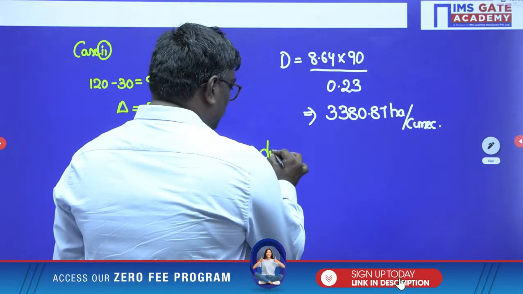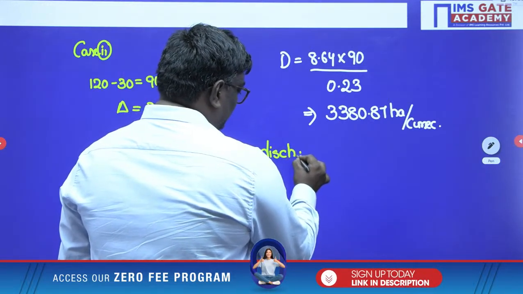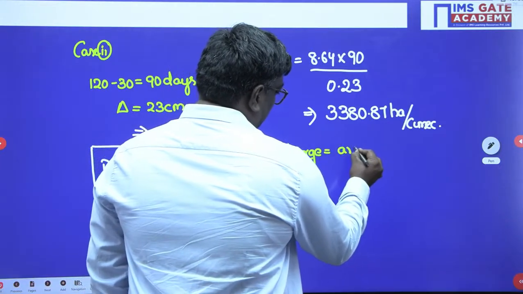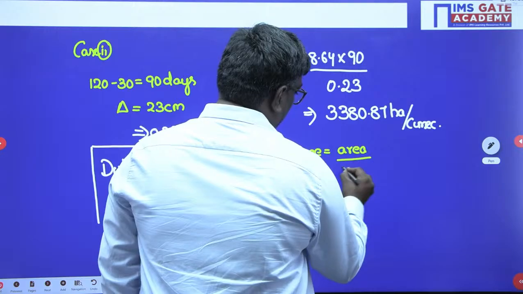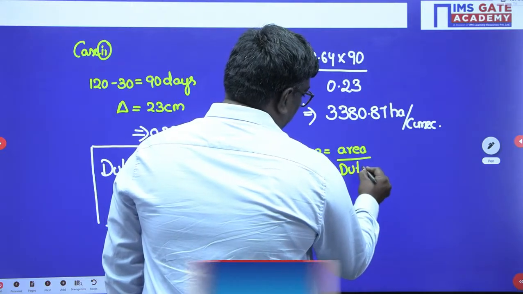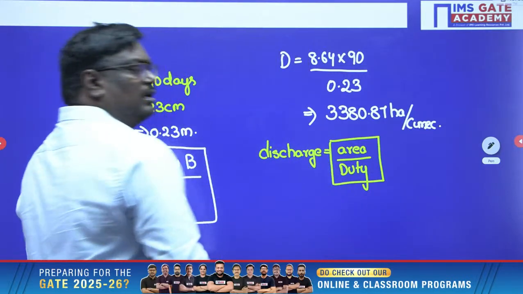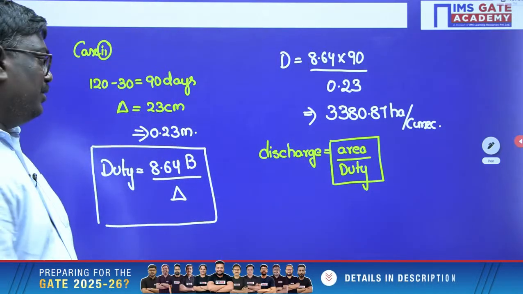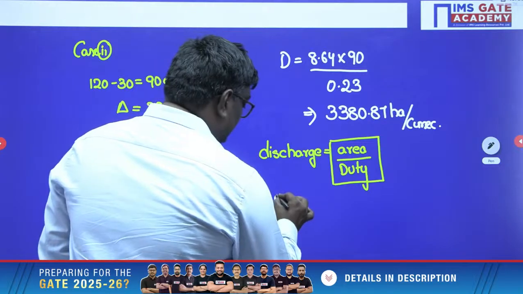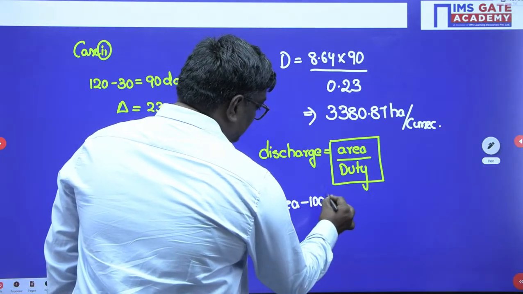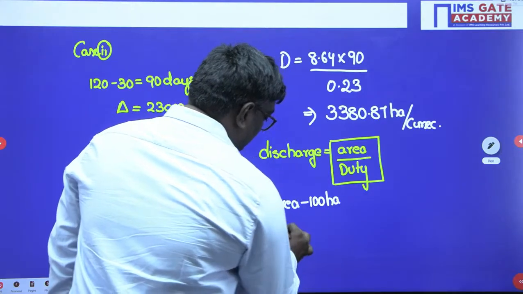So here also, my dear students, discharge is equal to area upon duty. What is discharge? Discharge is nothing but area upon duty. So here what is area, sir? Here area is nothing but 100 hectares.